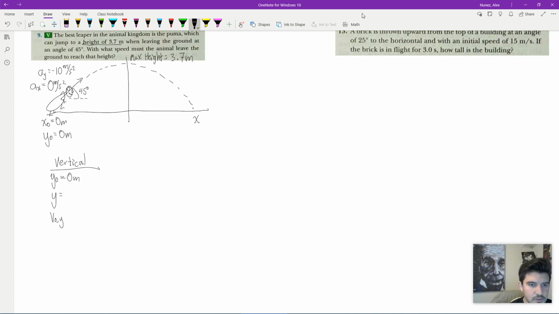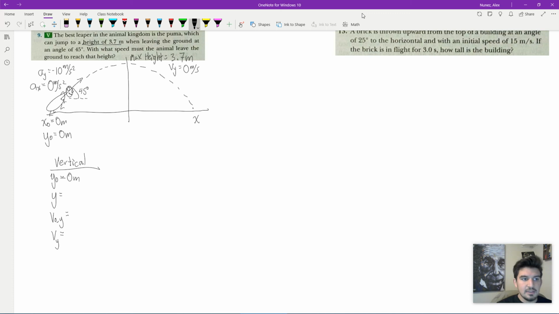Its initial vertical velocity, we don't know. Its final vertical velocity, we don't know, but I did forget to mention that at its max height, its velocity is 0 meters per second in the vertical direction. And again, we need to think about the video where she threw the ball out in front of her.